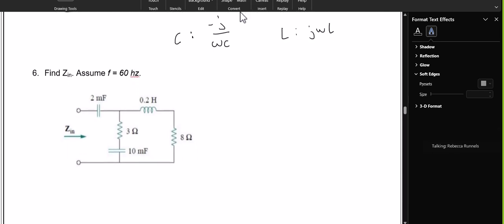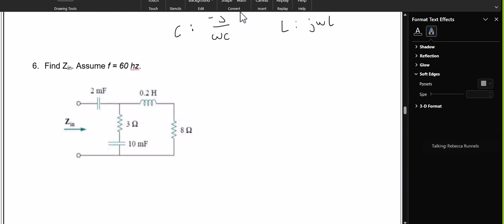Okay, let's do this one. This one is just simple complex arithmetic if you can do it, which I'm not convinced I can. So this would be 0.002 farads, which I'm going to change in a minute. I just wanted to make sure that I don't mess up my powers of 10 here. And this is 0.01 farads. And so F is 60 hertz, so omega is 377. That comes from omega equals 2 pi F. The reason I know that it's 377 is 60 hertz just shows up a lot because that's the frequency of our AC.